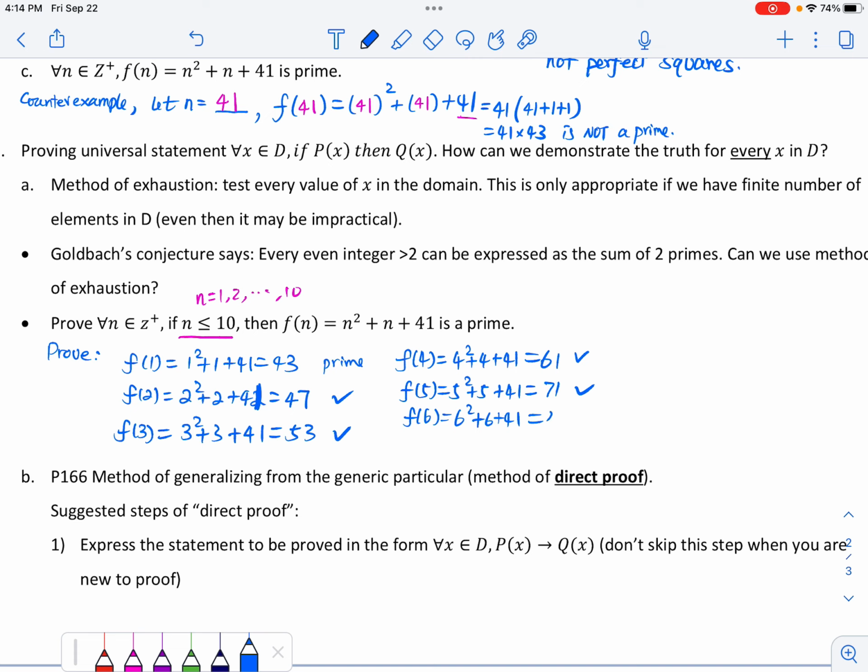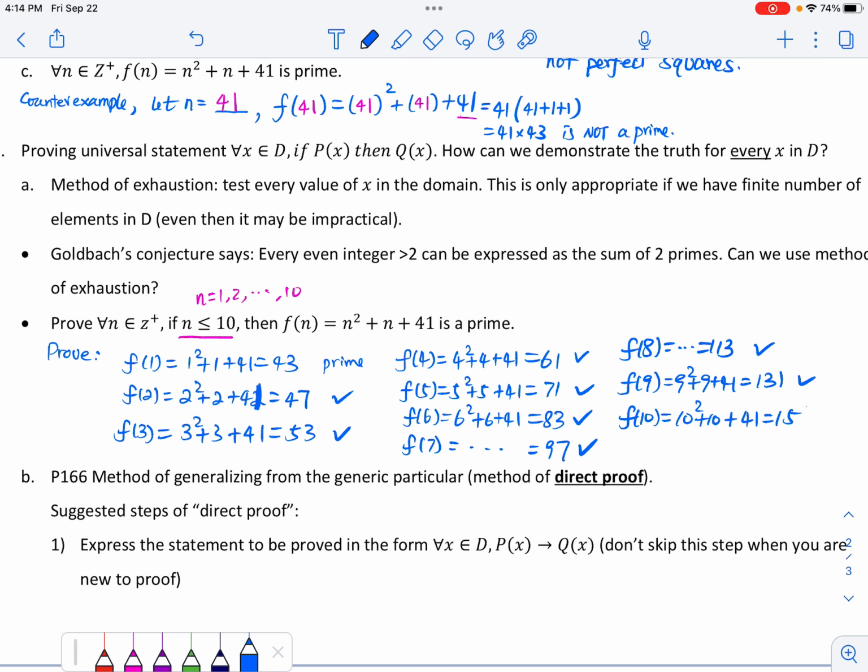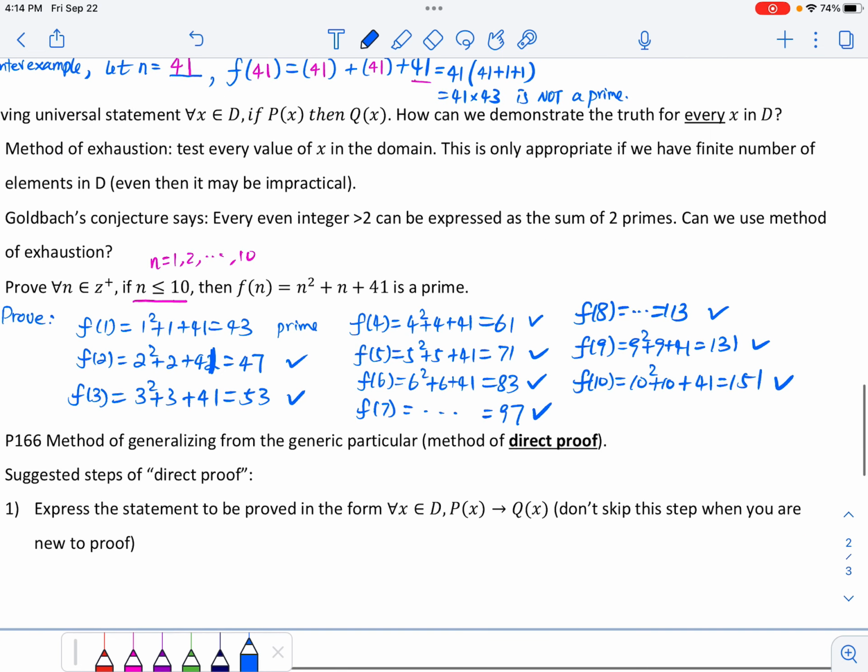This turned out to be 83, which is a prime, and f of 7 turns out to be 97, and f of 8 is 113, which is also prime. f of 9, which is 9 squared plus 9 plus 41, is 131, which is also prime. f of 10, which is 10 squared plus 10 plus 41, is 151, which is also prime. So we just check them all.